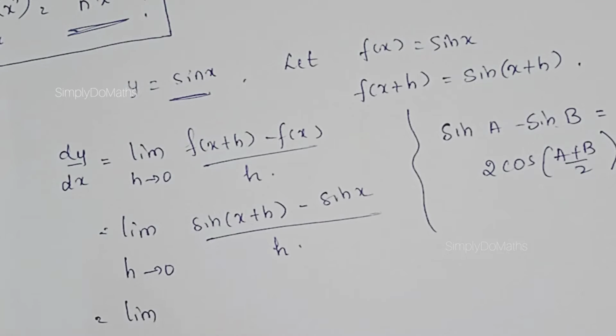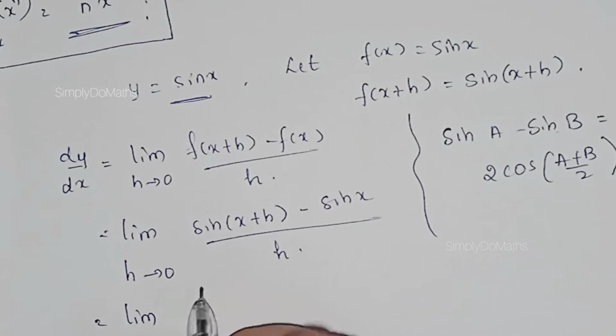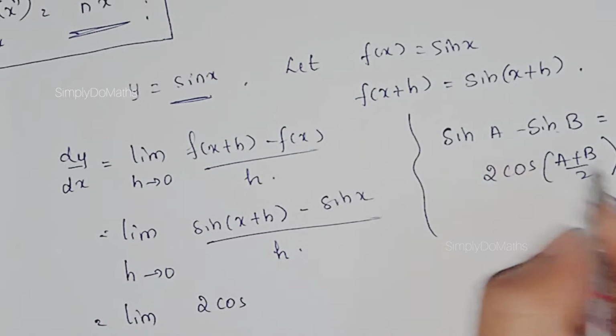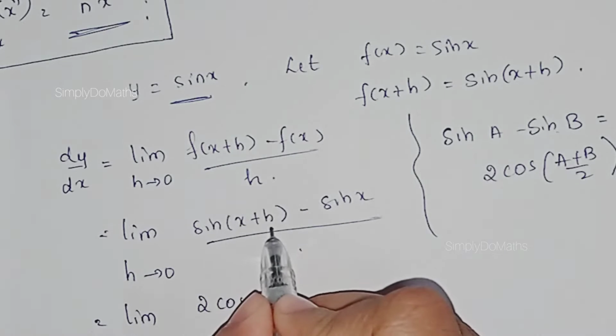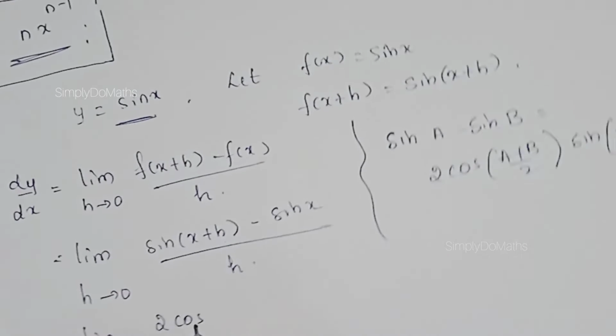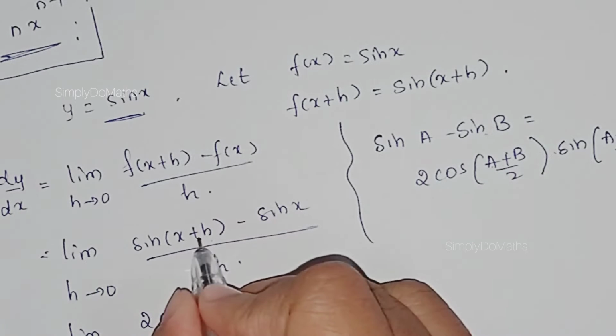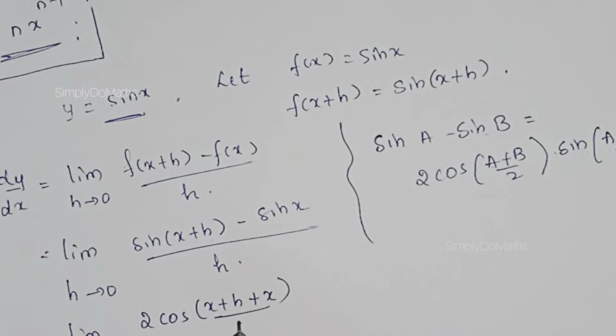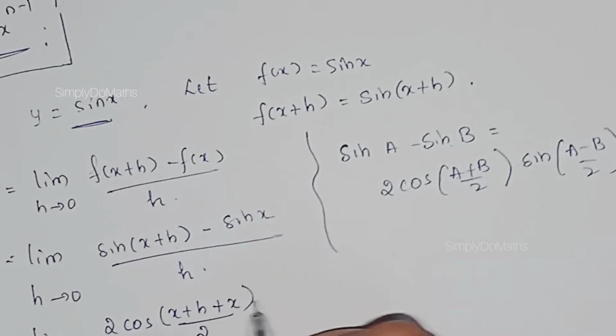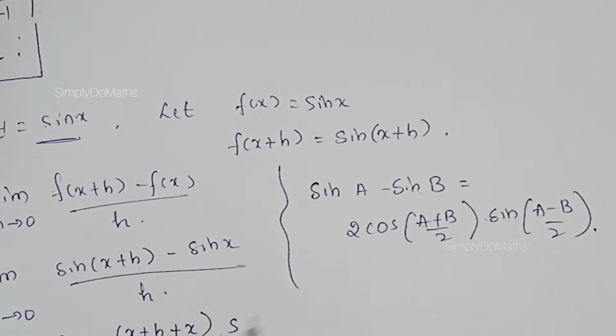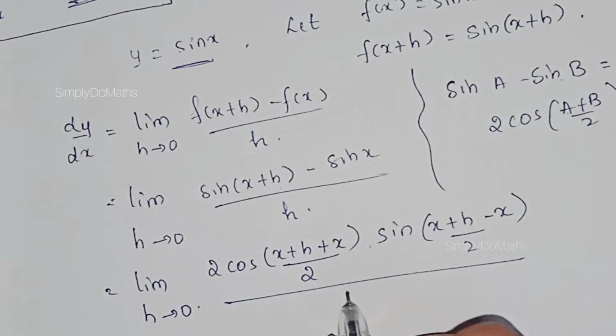So let us apply this here. Limit as h tending to 0, here 2 cos of (a plus b) by 2. Here the value of a is x plus h, the value of b is x, right? So cos of (x plus h plus x) divided by 2, into sine of (a minus b) by 2. The value of a is x plus h, minus the value of b which is x, divided by 2, whole divided by h.